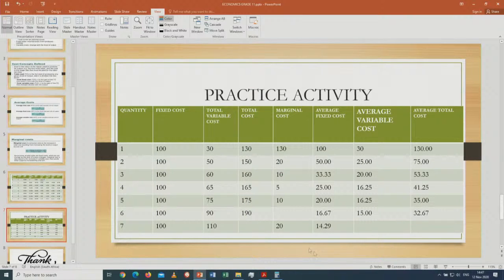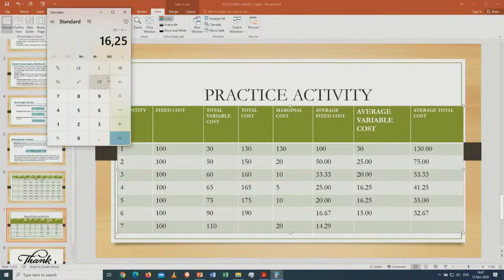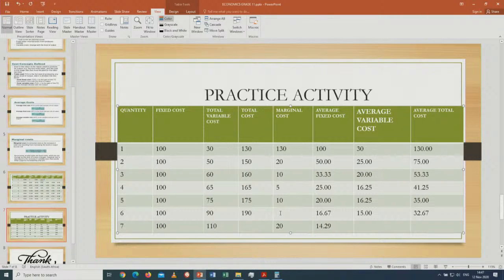Right, there you are. Where is the calculator now? The calculator, we say 190 minus 175. There we have it. It's 15. But remember, we must say also 6 minus 5 is 1. But basically, it will still give us 15.